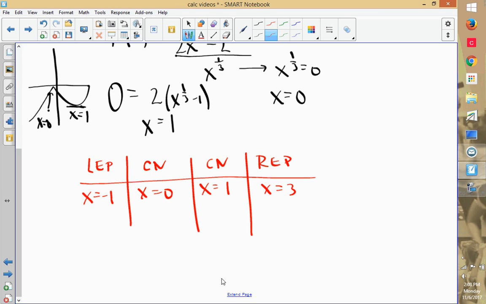We're going to plug each of these into our original equation to find their y values. I'm going to help you out and run through what they are. When I plug in -1 into the original equation, I get -5. When I plug in 0, I get 0. When I plug in 1, I get -1. And when I plug in 3, I get roughly -0.24 something.